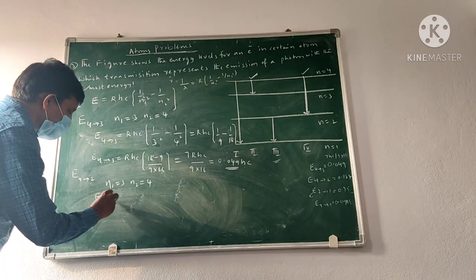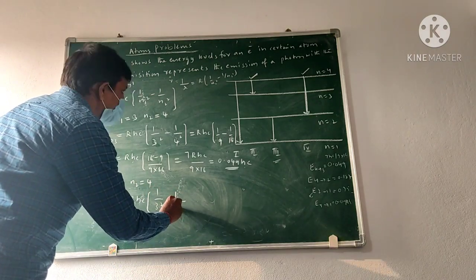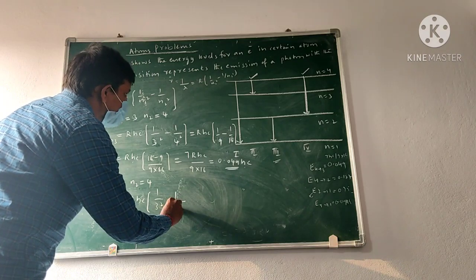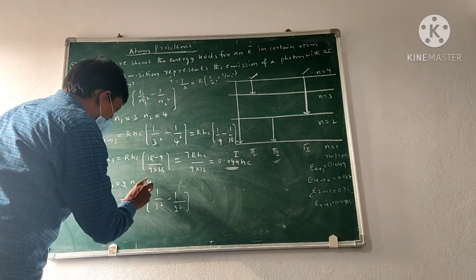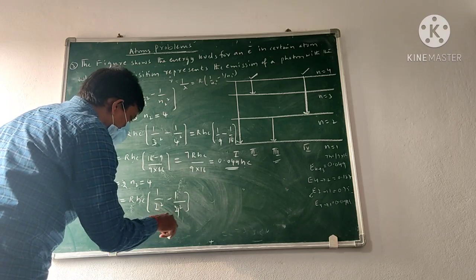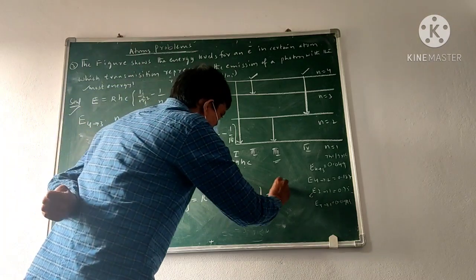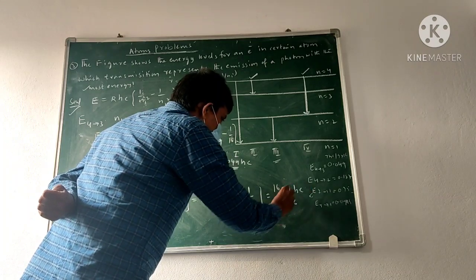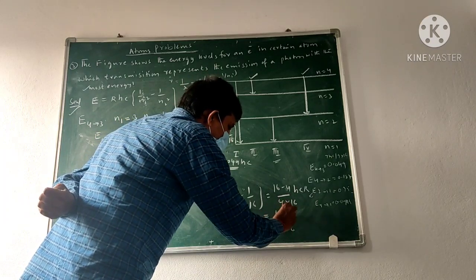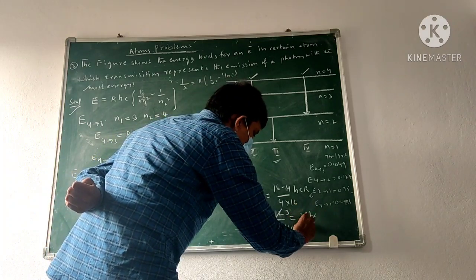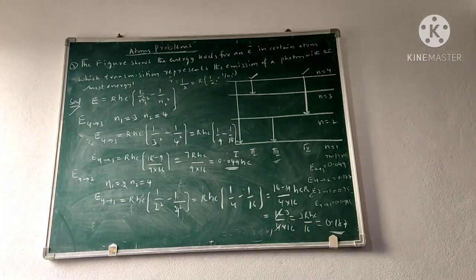That is equal to (16 − 4)/(4 × 16) RHC, which is 12/(4 × 16). Four ones are 4, four threes are 12, so that is 3RHC/16, which is equal to 0.187.